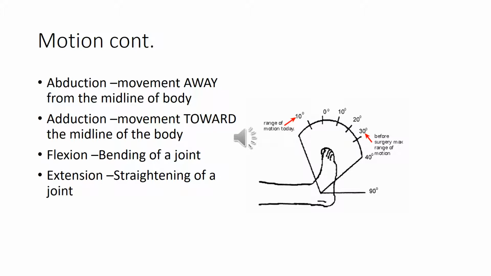This little picture that I added on this slide here is kind of how measurements are done with a goniometer, the different degrees that we can flex and extend a part of the body.